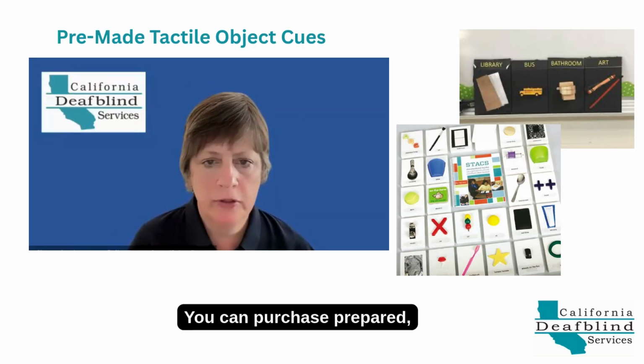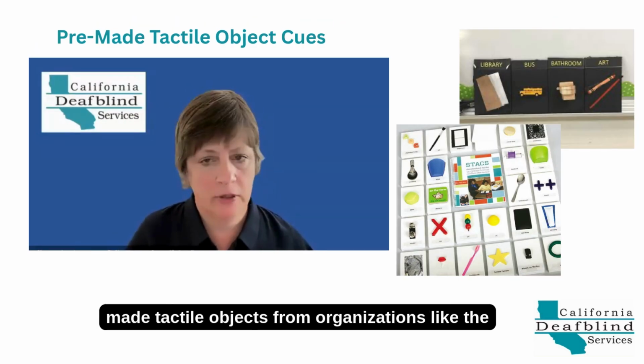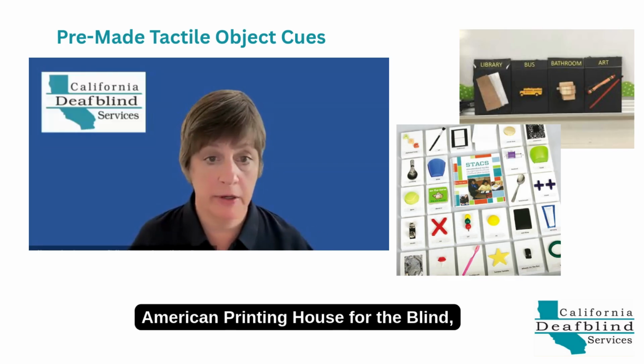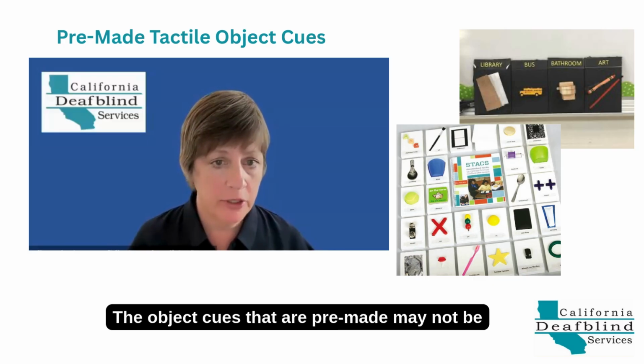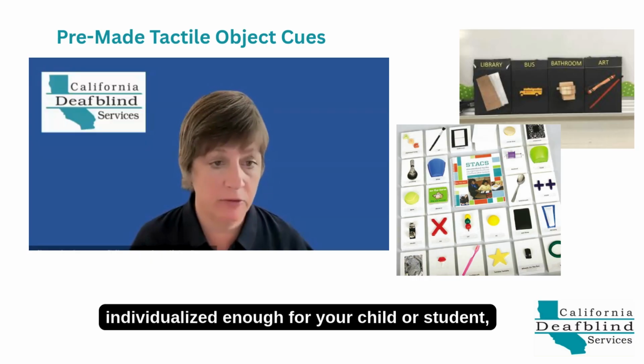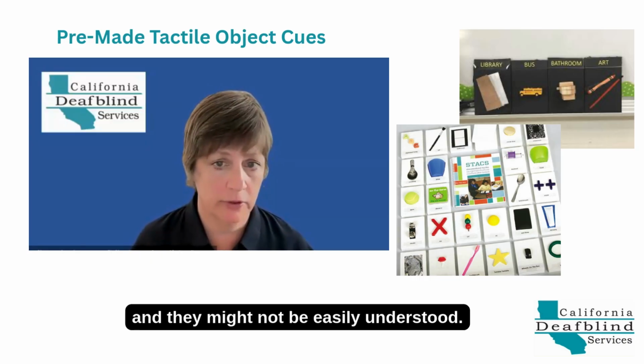You can purchase prepared made tactile objects from organizations like the American Printing House for the Blind, but I suggest using caution in buying an entire set. The object cues that are pre-made may not be individualized enough for your child or student, and they might not be easily understood.